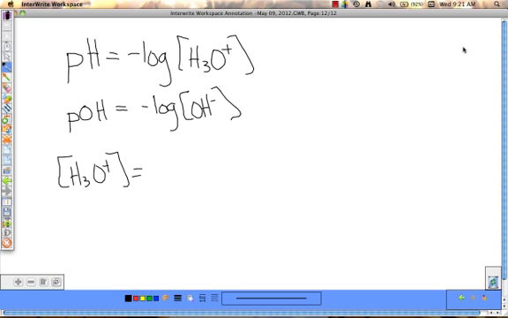If I want to find hydronium concentration, you're going to have to take the negative pH to the 10th power, 1 times 10 to the negative. You did it backwards, didn't you? And then make sure if your pH is a decimal like 4.7, you actually put that in your calculator, push equals. We want an integer as the exponent. And then the same with the hydroxide concentration.